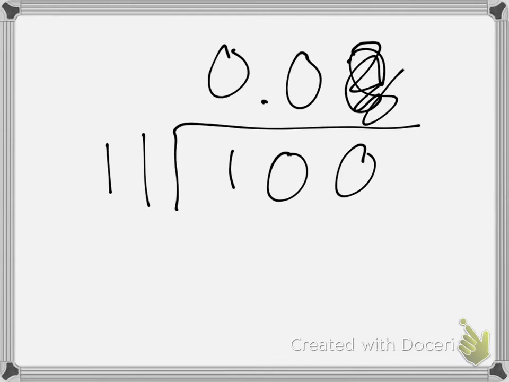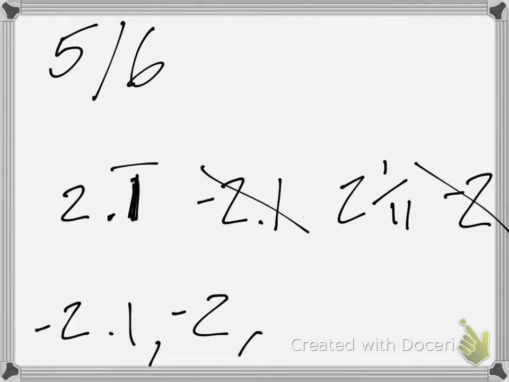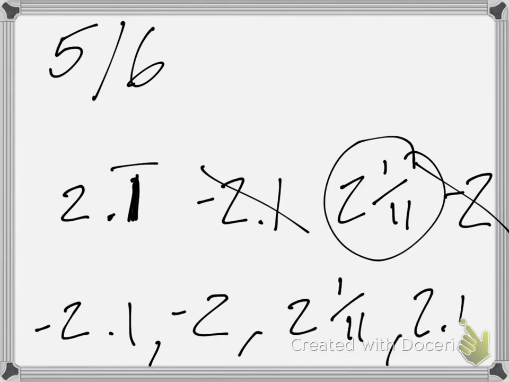Do you see how it works like that? We don't even have to continue to solve because we got the 10th place to be a 0 and this 10th place is a 1. We already know that 2 and 1/11th is going to be less than 2.1 for infinity.